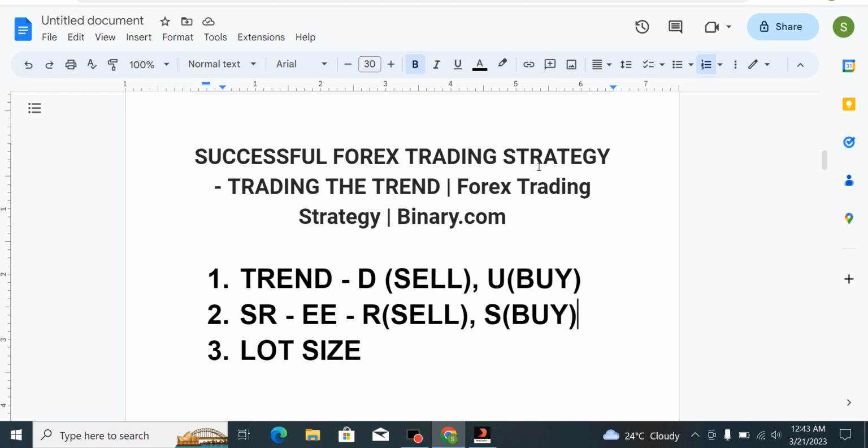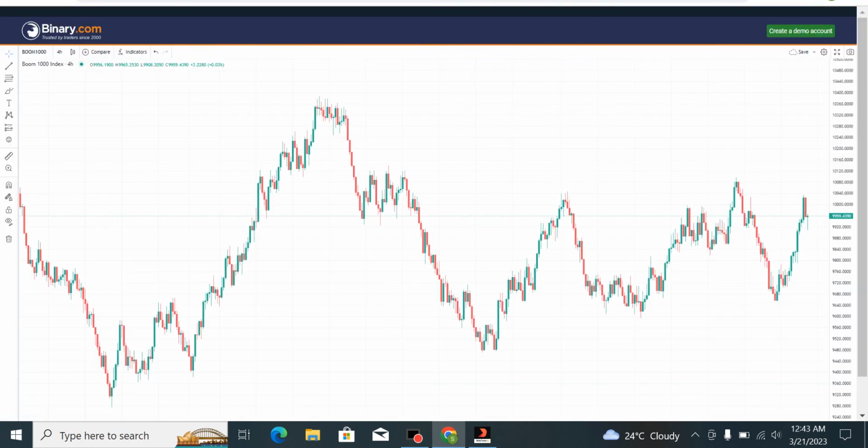So now let's go straight to the charts and see how all these will be applied on the chart. Okay guys, this is the 4-hour time frame and this is Boom 1000. If you notice, right here at the top is a resistance zone.